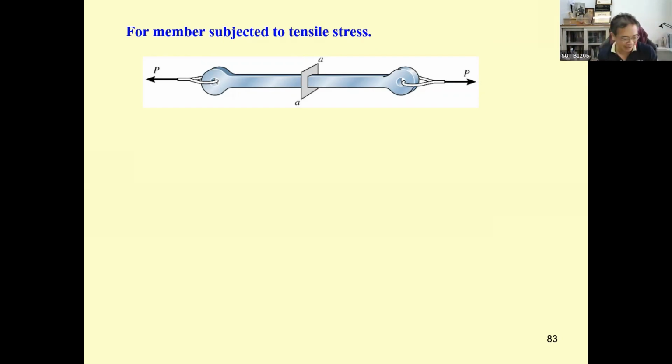Next, if you have a big hole like this, and then you pull, where is it going to fail? Is it going to fail along A, or is it going to fail along B?